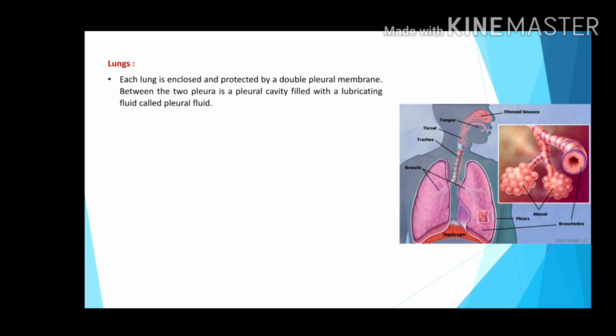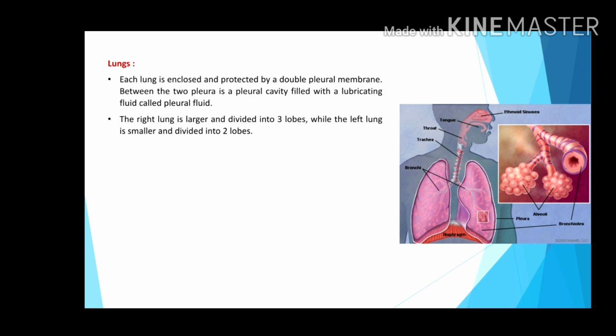They help in the protection of the lung and keep it moist. The right lung is larger and divided into 3 lobes, while the left lung is smaller and divided into 2 lobes. The terminal bronchioles end into a bunch of air sacs, each with 10 to 12 alveoli, which is very nicely seen in the picture on the slide.